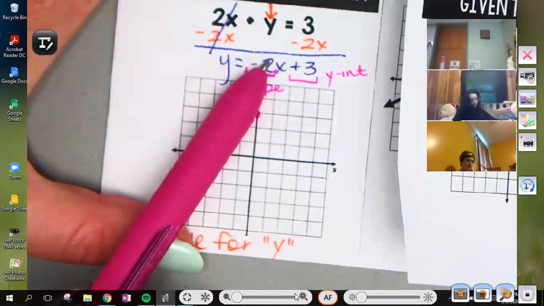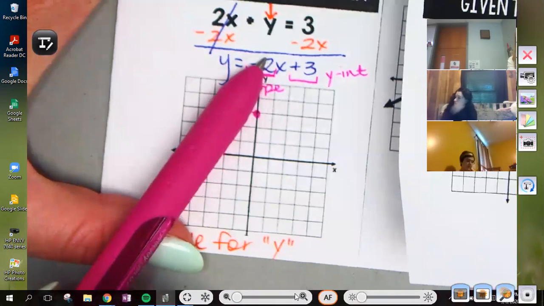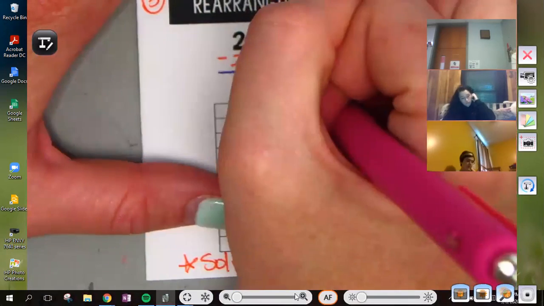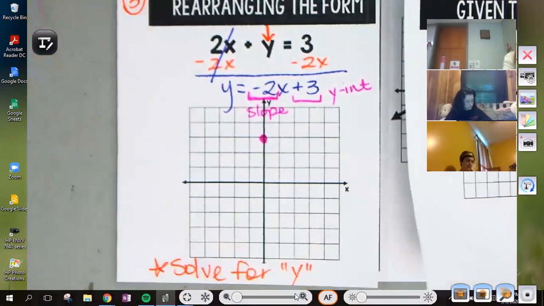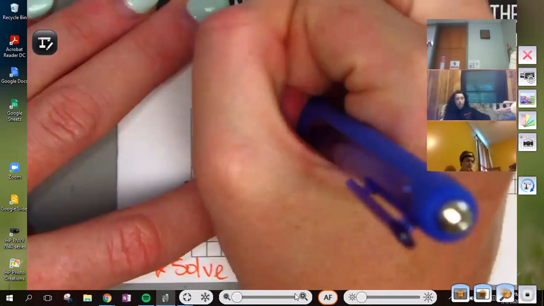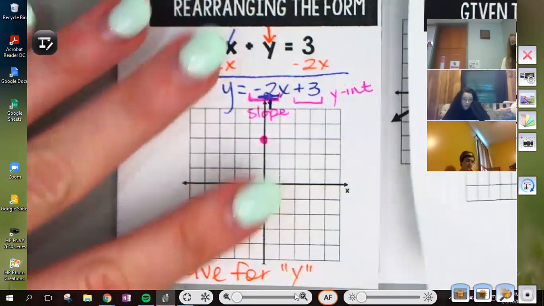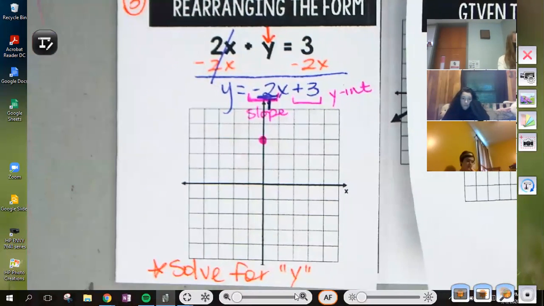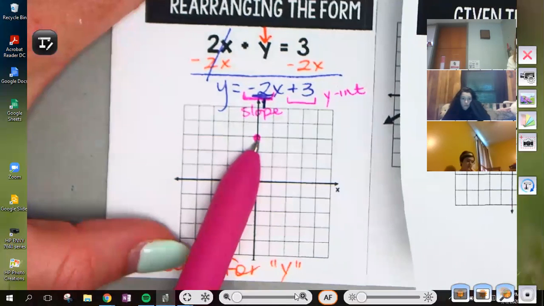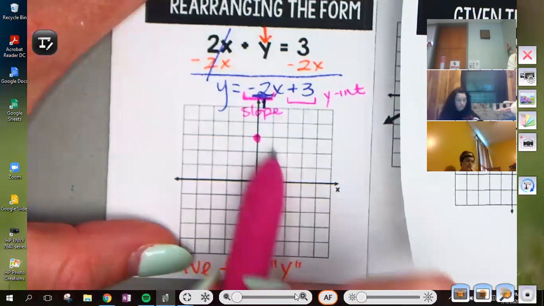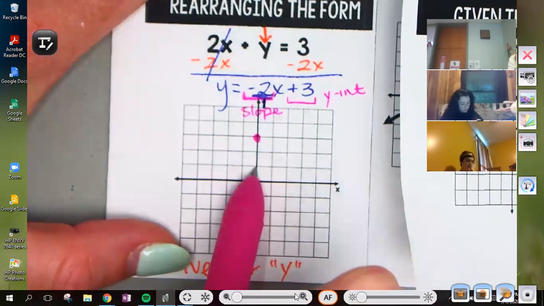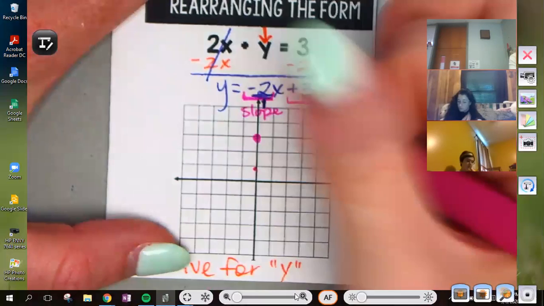It's understood to be over 1. So that's negative 2 over 1, which I can't really write without it looking sloppy, but I'll do it anyways. Okay, I'm going to start at my starting point. Am I going to go up 2 or down 2? Down 2. And then here's the part where a lot of people get confused. I go to the right. Still 1.